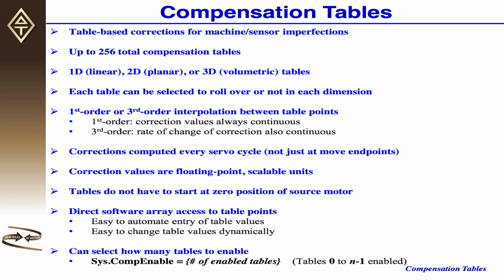Well, I shouldn't say typically, but you can not have a table. If there's nothing in table 0, there's very little overhead in Power PMAC for enabling tables 0 through 4. So let's say you wanted to have 4 tables enabled, 1, 2, 3, and 4. Setting it equal to 5 would enable tables 0 through 4.